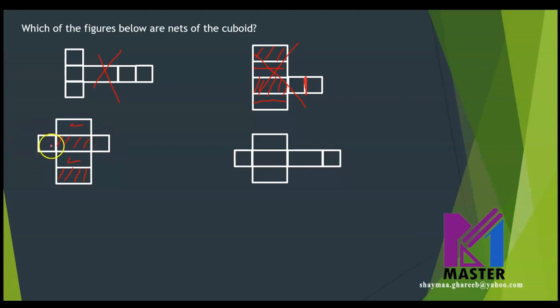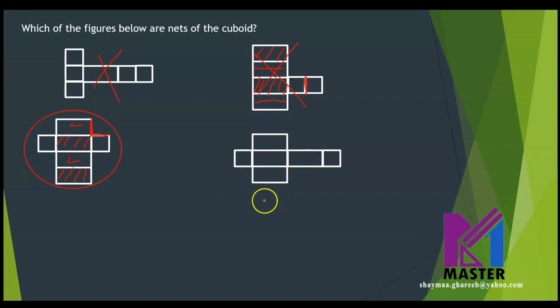They are identical. And what is most important about the net here, look at this edge and this edge, they are exactly the same length. So this net is a cuboid.